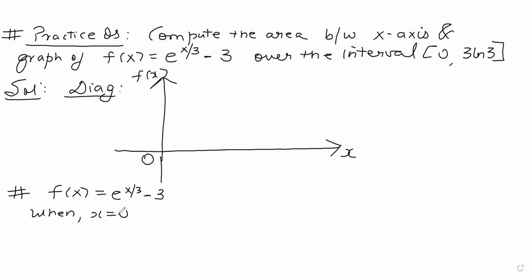When x is 0, then f(0) will be e to the power 0 minus 3, which is 1 minus 3, which is minus 2. That means you can see that the graph is starting from the negative y-axis, at minus 2.